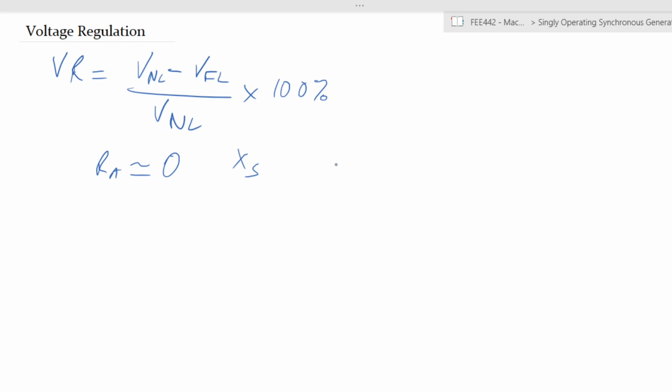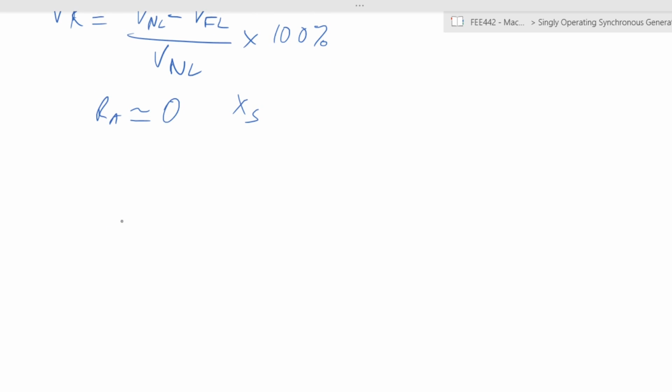Okay. Now, initially you have, say, for example, your generator, and if we have our phasor diagram, let's say that is your VT, terminal voltage. We said that your internally generated voltage will be determined by the value of the terminal voltage and also the value of the current that is there.